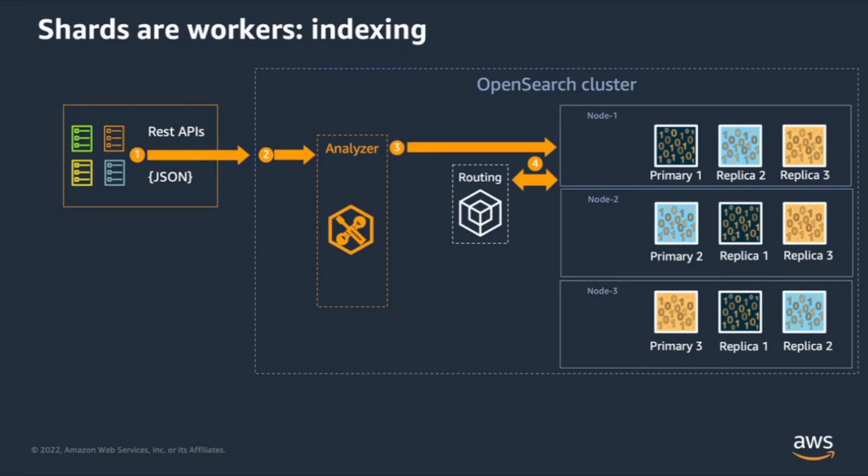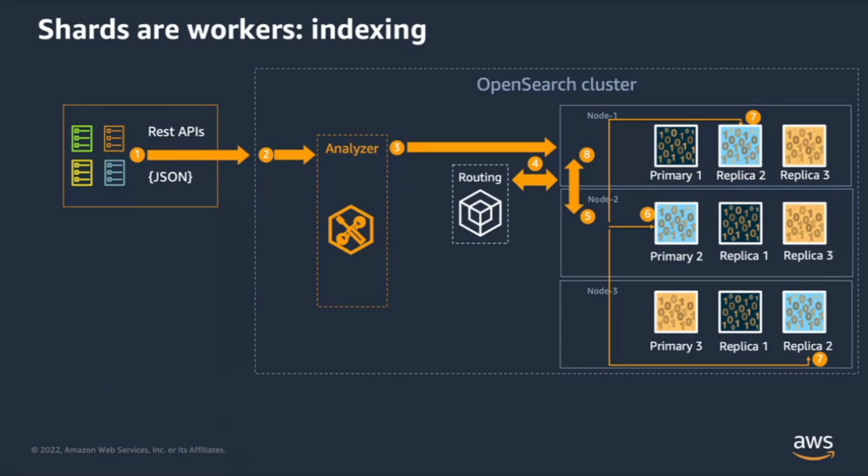So when requests come in, they're going to be sent to some node in the cluster, and that node is going to figure out from a routing table where that traffic needs to go. It will distribute the indexing requests to the primaries. Now I only got one arrow here. It got a little bit confusing with all of the different arrows, but the traffic will go to first the primary. The primary will index the data and then distribute the traffic to its replicas.